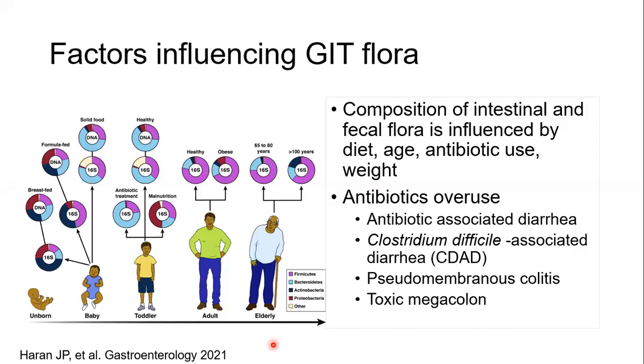And whether, if you're immunocompromised or if you're immune competent, does that profile stay the same? If you're different races living in different areas, for example, living in developing countries versus developed countries, it's been found to be different.